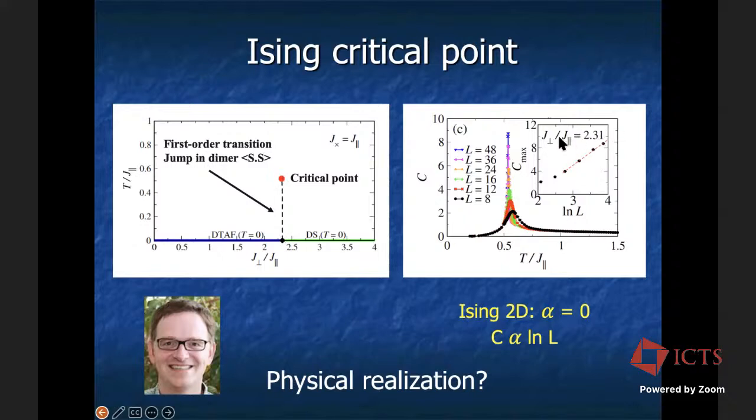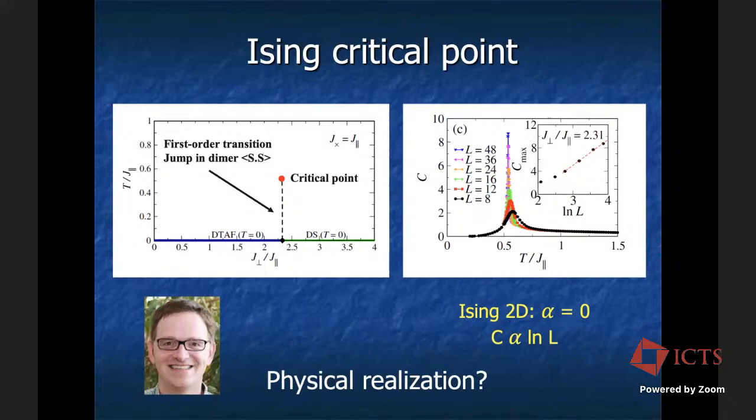If we sit at the estimated value of the coupling where this critical point sits, and look at the specific heat as a function of temperature for different sizes, the specific heat increases logarithmically with the size. This is the typical scaling you expect for the two-dimensional Ising model, where the exponent alpha is equal to 0. So this is a rather recent result.